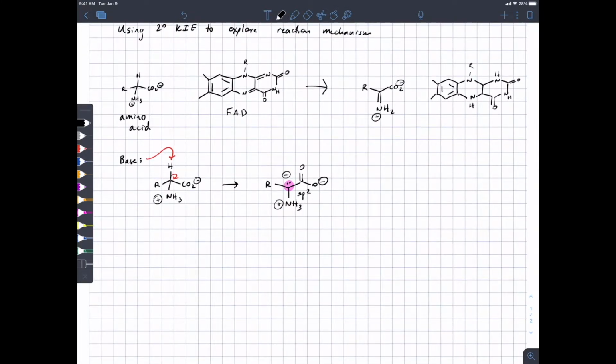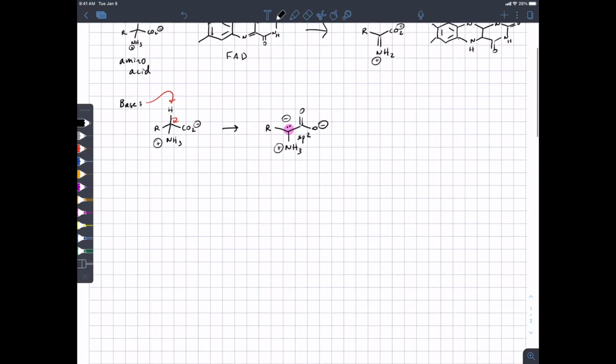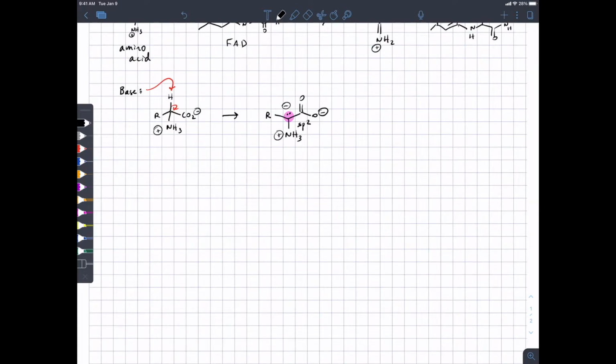Then, in the next step, once you get to this conjugate base, there's a couple of different possibilities, okay? And for our purposes here, we need to assume that this is a fast equilibrium.